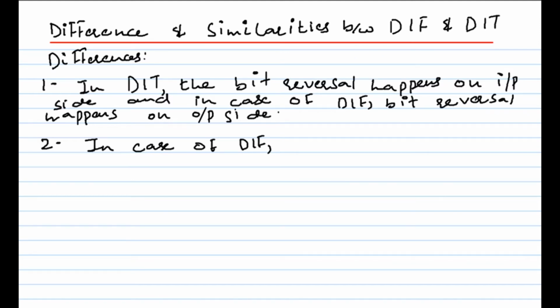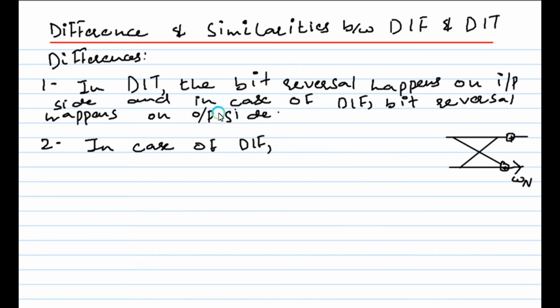Like here, if I draw it for a 2-point DFT, it's like this, then like this. Here we have addition, here we have addition. Then multiplication by the twiddle factor is here. That's after addition, multiplication by the twiddle factor is done, right?